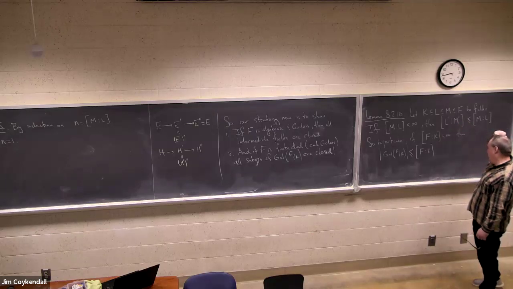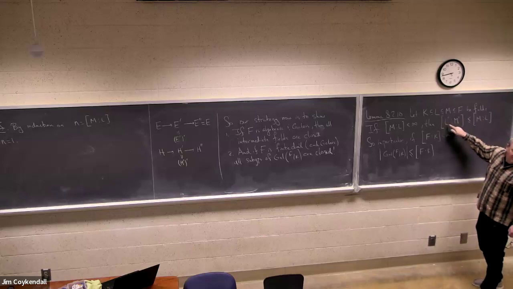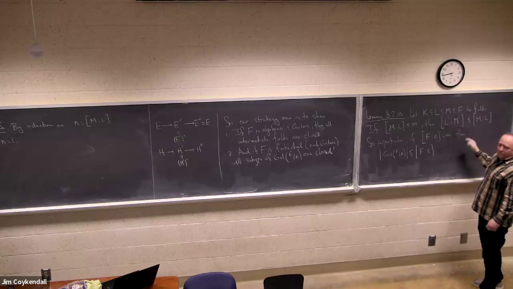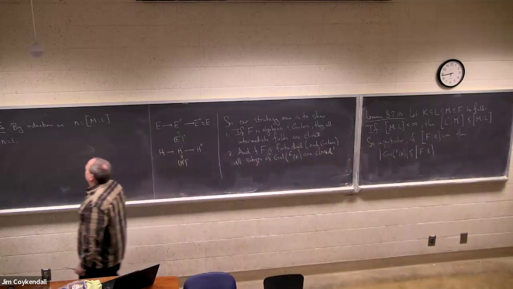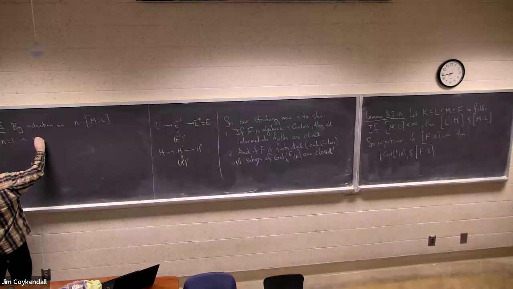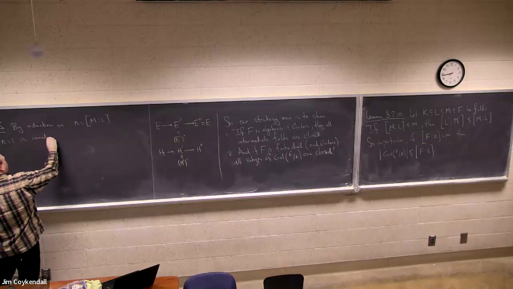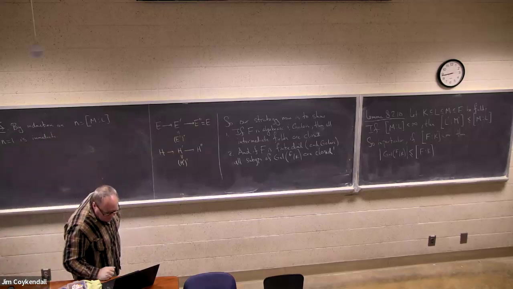This is everything that fixes M. What is L prime? It's everything that fixes L. These have to be the same thing. This is 1, this is 1. So we've got the base case done.